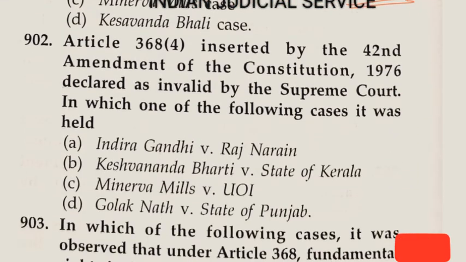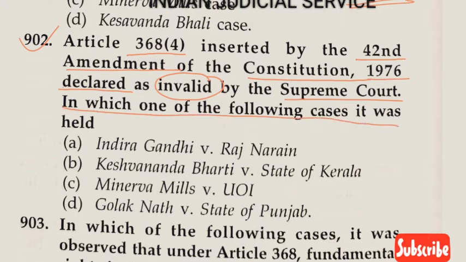Now question number 902. Article 368 clause 4, inserted by the 42nd Amendment of the Constitution 1976, was declared invalid by the Supreme Court. In which of the following cases was it held? Option A, Indira Gandhi versus Raj Narain.